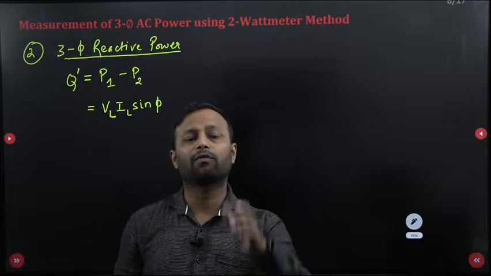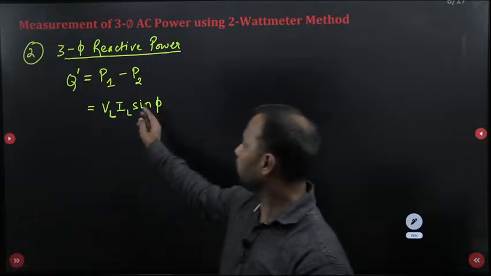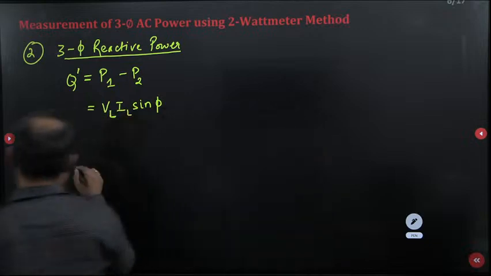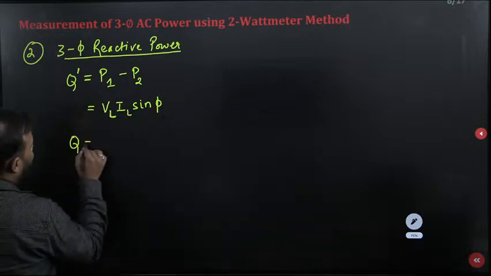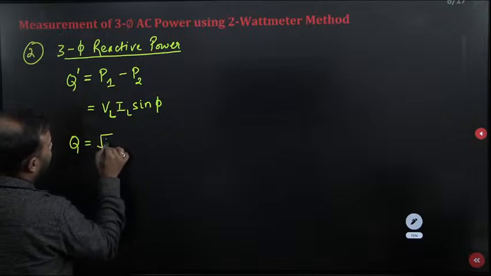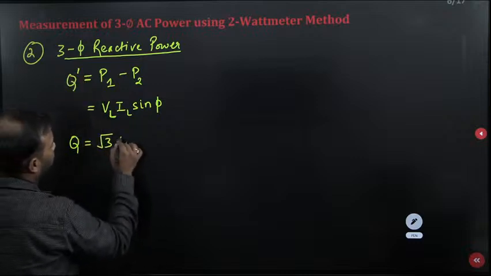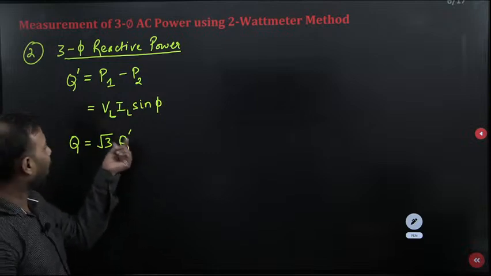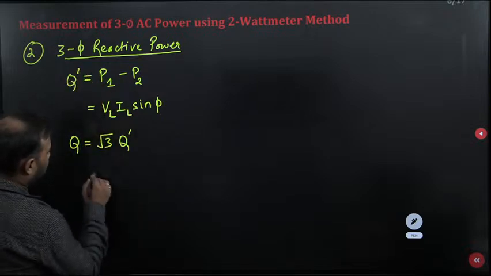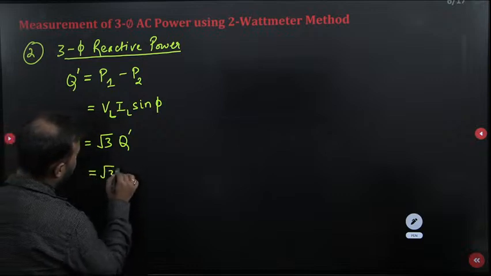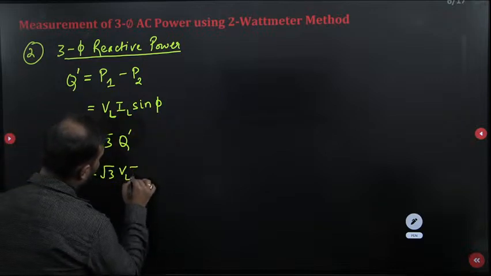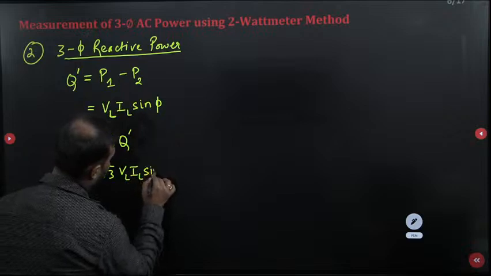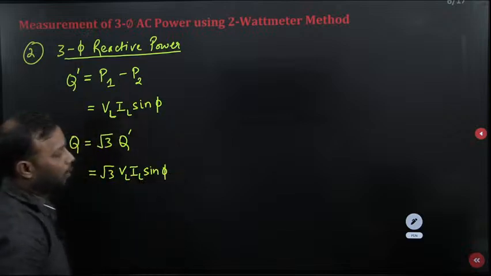Root 3 times of VL IL sin phi. So here the root 3 term is missing. So to get the total reactive power, we will have to multiply Q dash by root 3. So I hope you come to know why I have written Q dash here. So basically this is equal to root 3 times of VL IL sin phi. Okay.